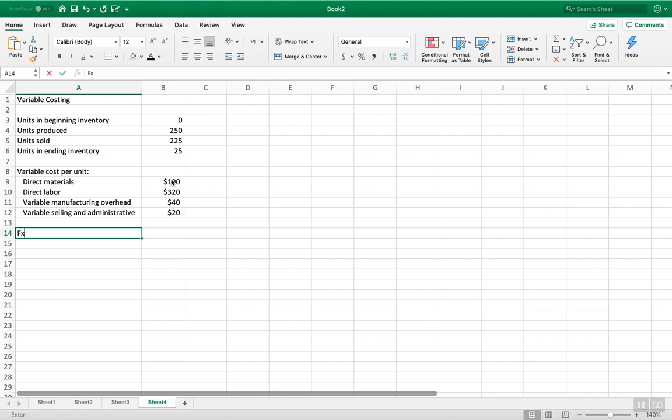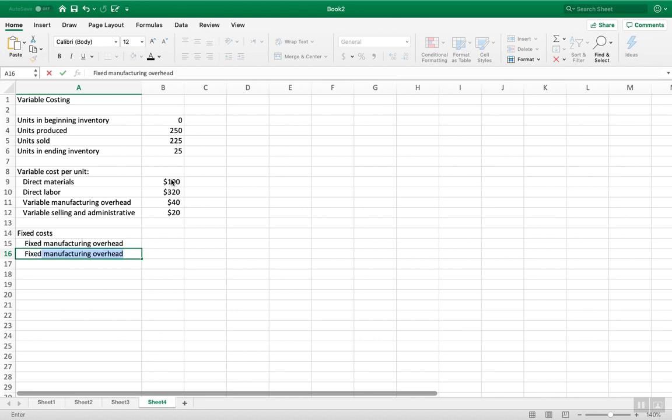And then we have our fixed cost, and we have our fixed manufacturing overhead, and we have our fixed selling and administrative, just like we have with our variable. Now remember, fixed within a relevant range, and so typically within a year we can't change this.